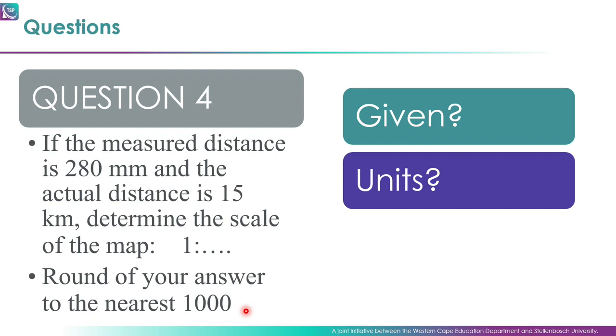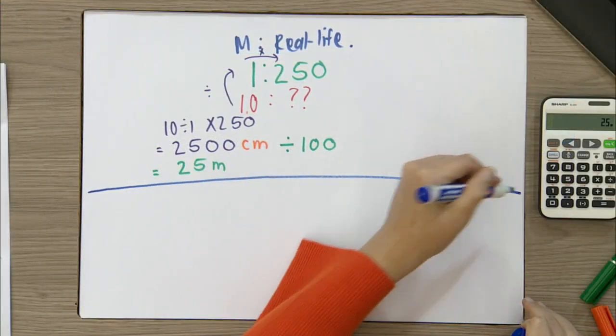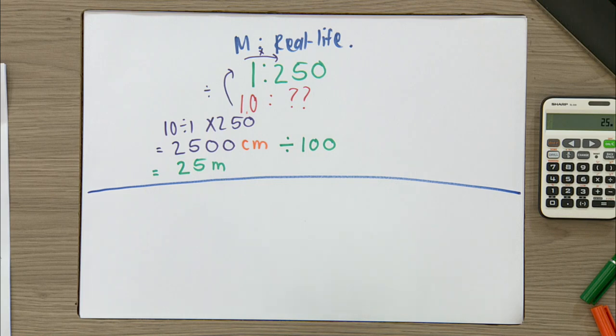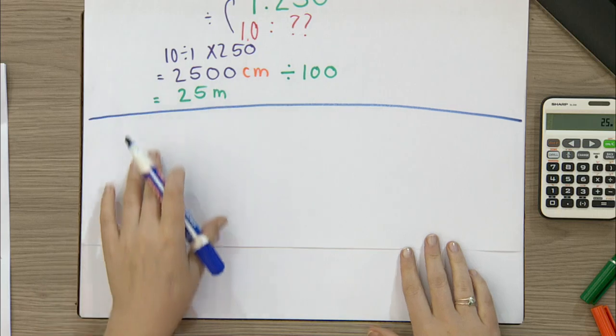The units are millimeters and kilometers, so we know we're going to have to make sure we work in the same units. And then what is asked? We are asked to determine the scale, and then we are given a bonus instruction of making sure we are rounding correctly.